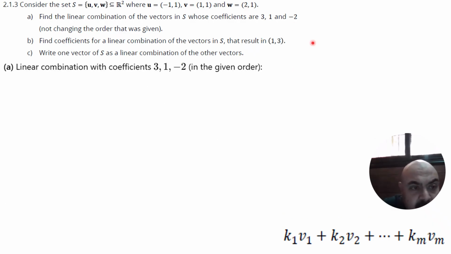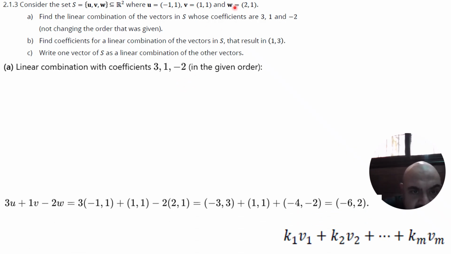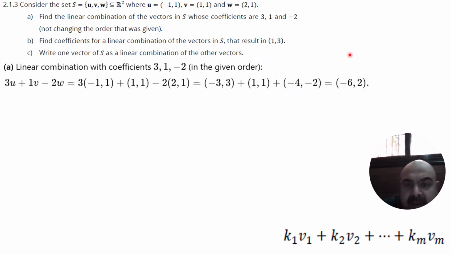All I have to do is write the linear combination with 3 times u, 1 times v, negative 2 times w, and I will get a new vector, which is negative 6 and 2. So negative 6 and 2 is simply a linear combination of these three vectors.